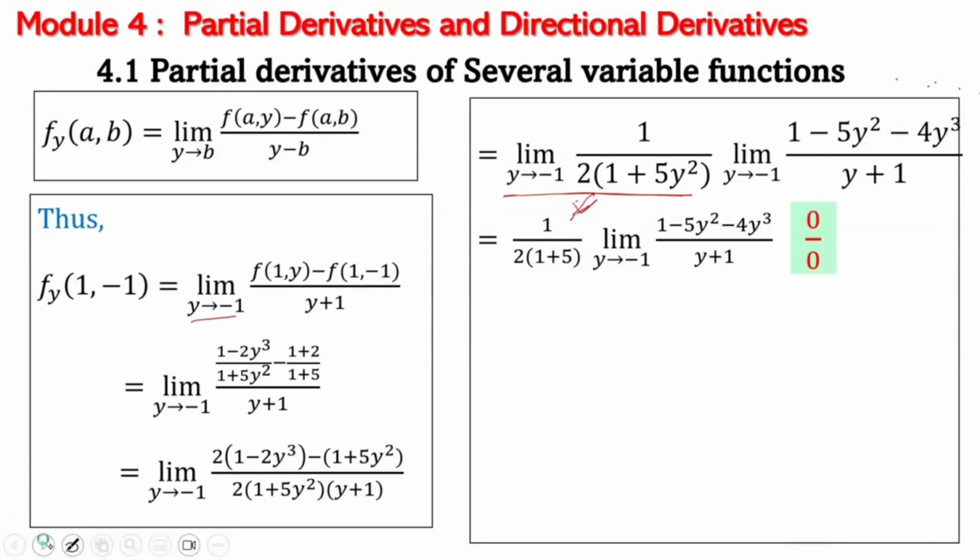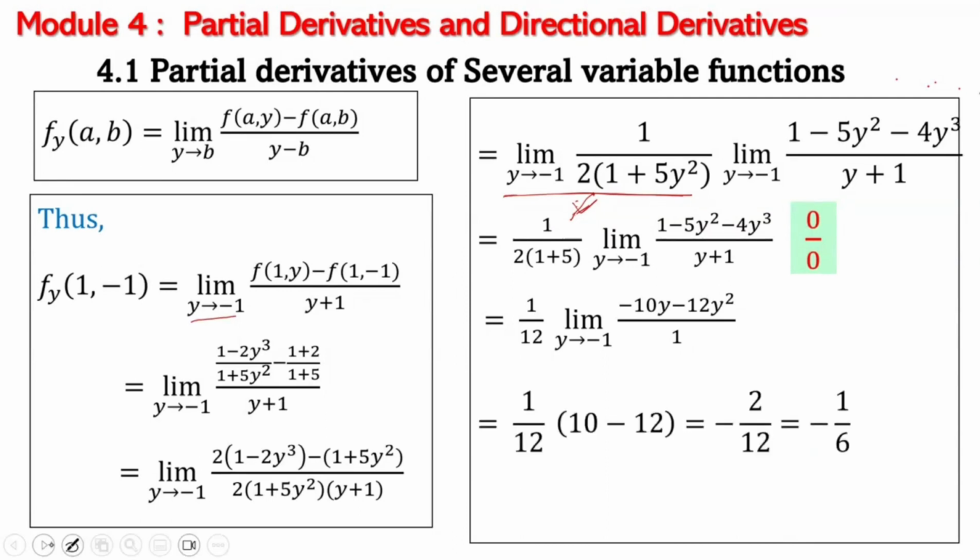Clearly you will see that this is 0 over 0. So we can apply L'Hopital's rule, and then we'll have this form: 1 over 12, and then minus 10y minus 12y^2 over 1. Then put y equal to -1 and simplify it. You will get the answer as minus 1 over 6.